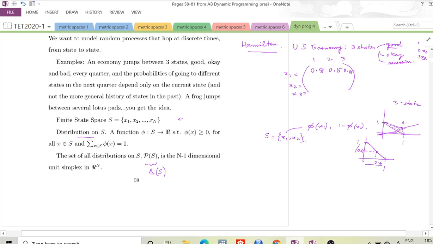And these are all points of the kind phi of x1, phi of x2, phi of x3, such that all of these are non-negative, and such that their sum is equal to 1. More generally, with n states, any distribution is a point in the n-1 dimensional unit simplex.